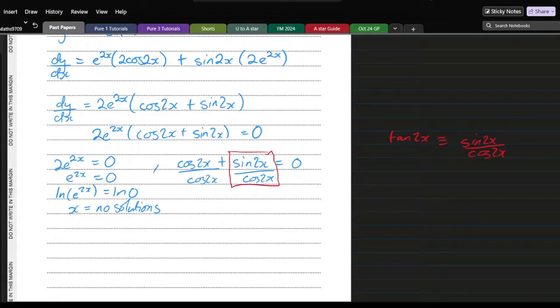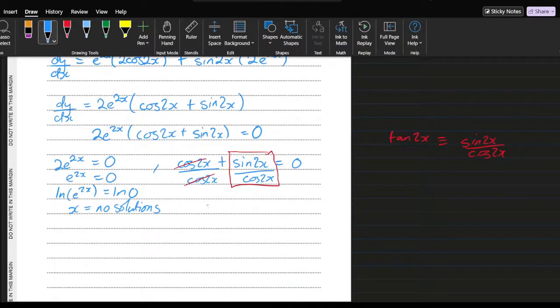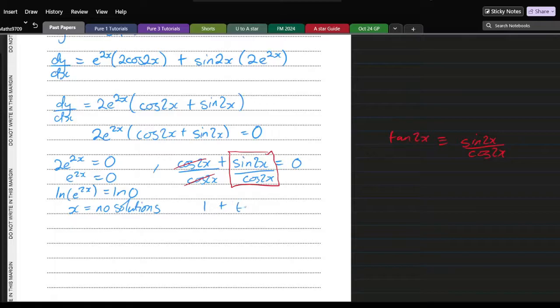And we know that our cos 2x will cancel out in that case, and we end up with a 1 there. So what we have is 1 plus tan 2x is equal to 0.